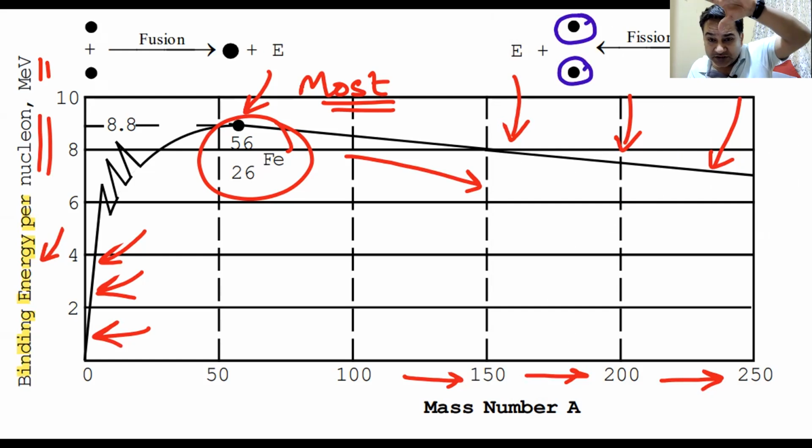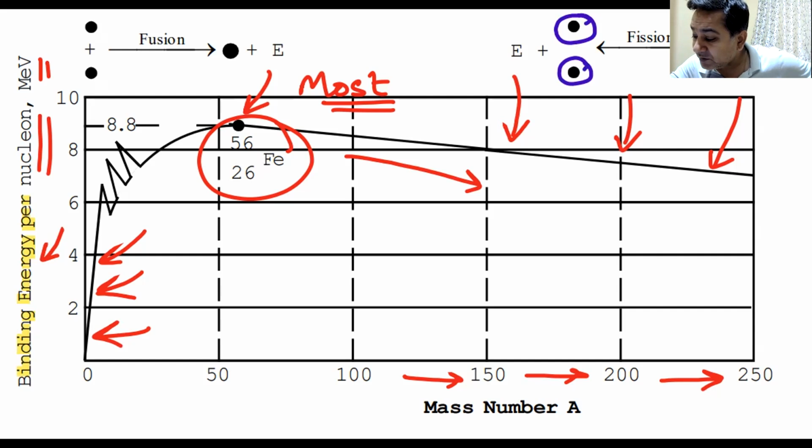A larger nucleus breaks up into smaller ones, because the smaller ones are more stable than the larger one. This is known as fission, and right now we are going to study this fission. We have an unstable nucleus, it breaks up into other nuclei. You can call this radioactivity or fission. Do we understand this? Yes, sir.